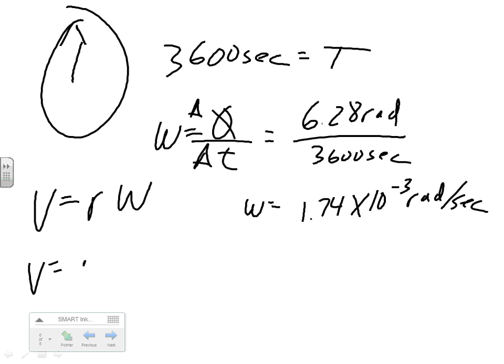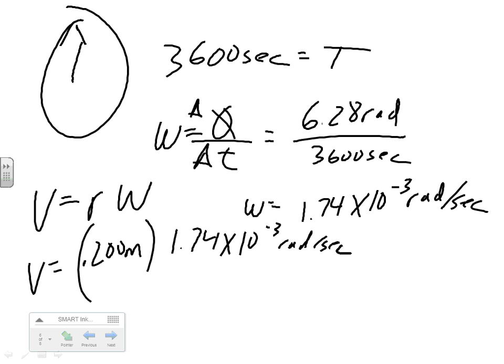So we're going to say 0.2 meters times 1.74 times 10 to the minus 3 radians per second. And when we multiply that out, it looks like we should get meters times radians per second. We're talking about linear stuff here, so we're going to drop the radians and write 3.49 times 10 to the minus 4 meters per second. That's our linear velocity.